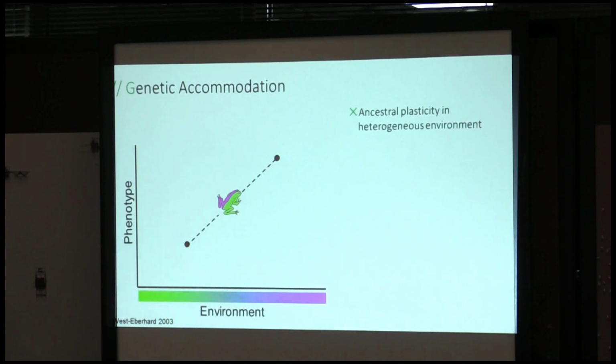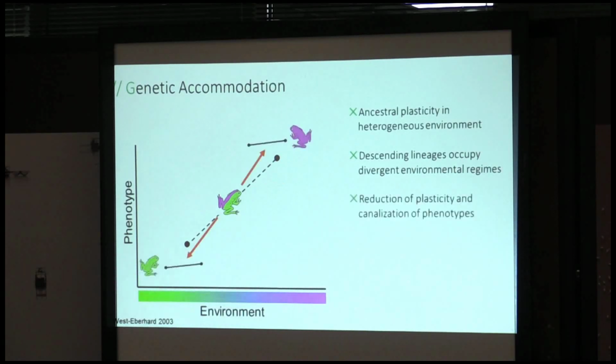So back to genetic accommodation, the idea here is that ancestrally you have a genotype that inhabits heterogeneous environments and expresses this phenotypic plasticity, and then divergent lineages start to occupy more homogeneous environments. So they shift either to the purple or to the green parts of this environmental spectrum, and over time they lose that plasticity.